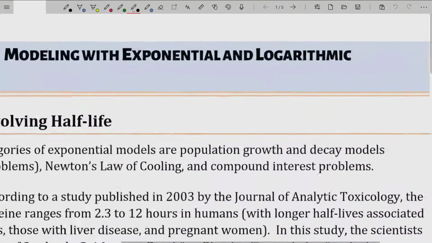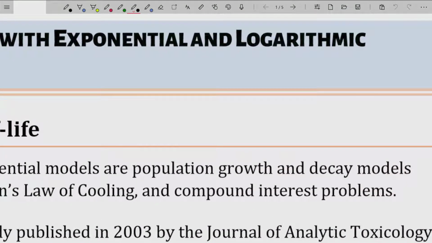By the way, the main idea with a half-life problem is somebody tells you how long it takes for a substance to decay to half of its original amount. And the equation for that is this. You get a population, and that population at any given time is based upon its initial population, but it decays to half of that population every so many years, so many days, so many hours, so many minutes, whatever it is.